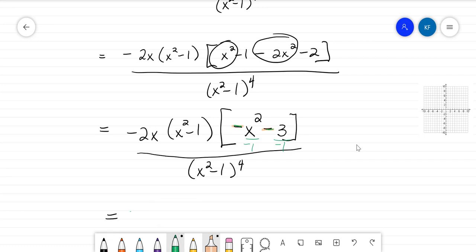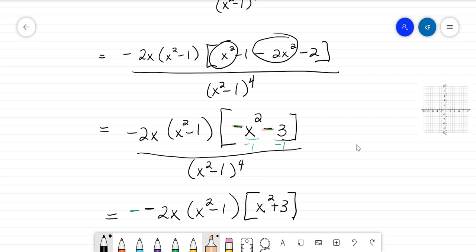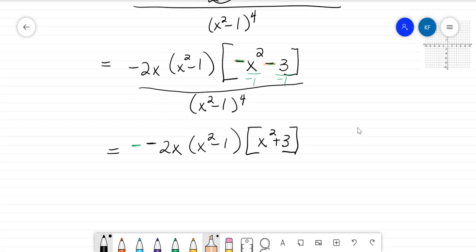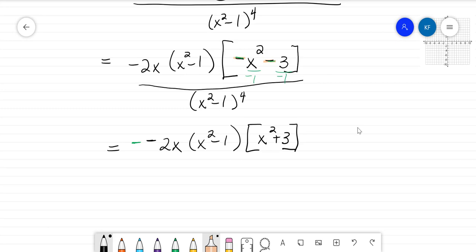So I'm going to stick it out in the front so you don't forget it exists, but you know it's going to go positive. But I want to make sure you're understanding that step. So I factored it out, so it's x squared plus 3. Remember, x squared plus 3 does not factor, but you always want to check to see that it does. And then I just copy the bottom down, right?